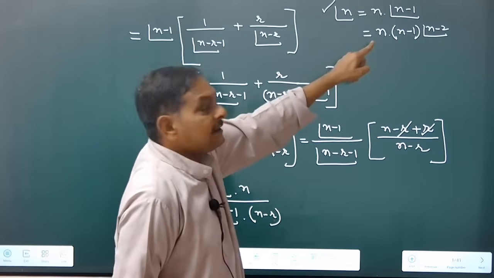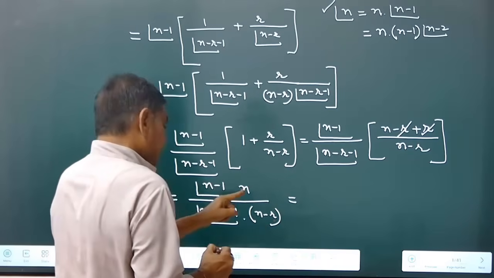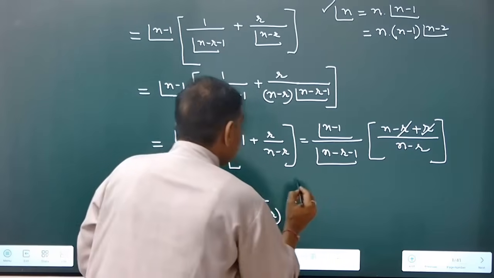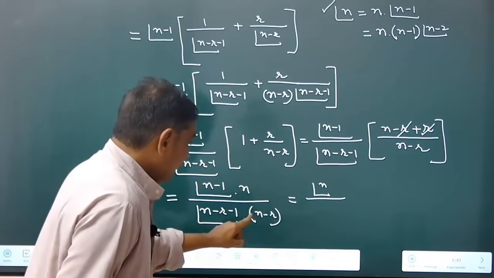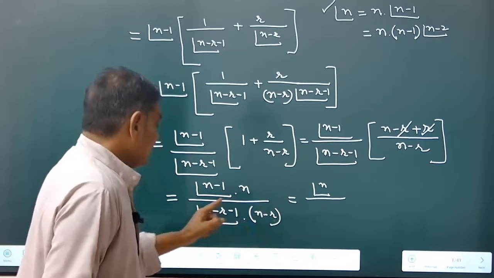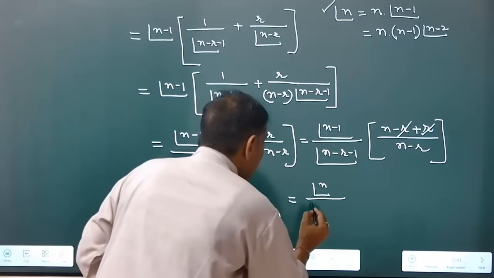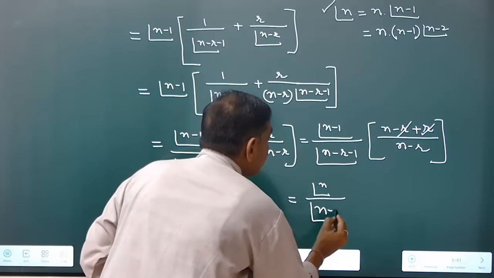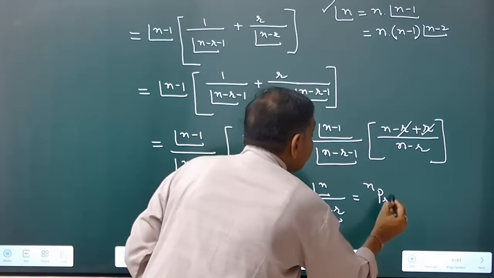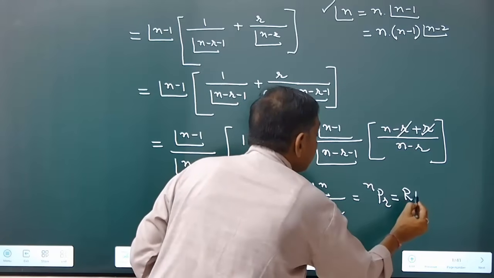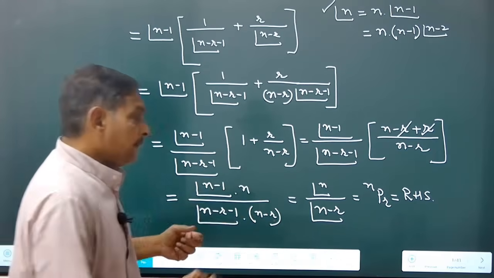Clearly, if we apply this formula again, numerator is n into factorial n minus 1, so it is factorial n, and denominator is n minus r into factorial n minus r minus 1, so it is factorial n minus r, and this we know is nPr, which is our right hand side. So left hand side is equal to right hand side, hence proved.